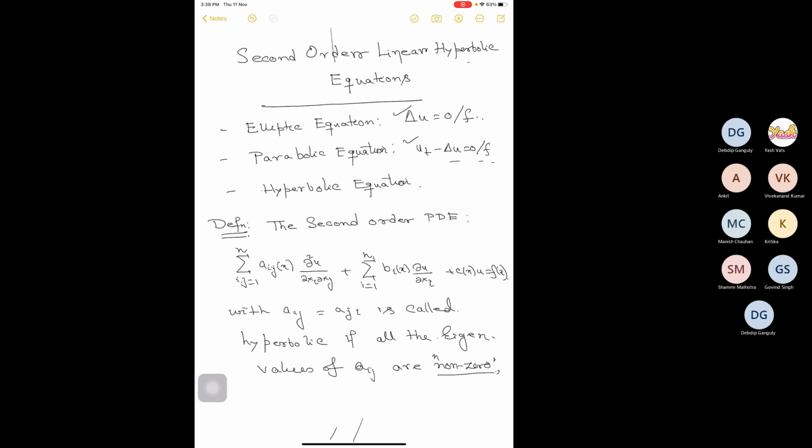And out of that, the dimension is n. So n minus 1 of them have the same sign, and the remaining one has the opposite sign.